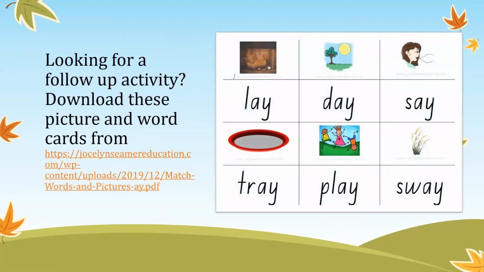Finally, there is a link here to an absolutely free resource. Now, you don't have to provide a login or an email address to access this resource. It'll just take you straight to the PDF of the pictures and the words we just saw in that PowerPoint for you to download, perhaps laminate, and they can be used as follow-up work.